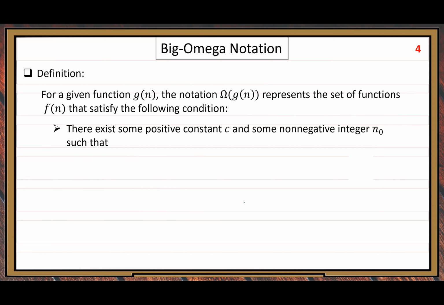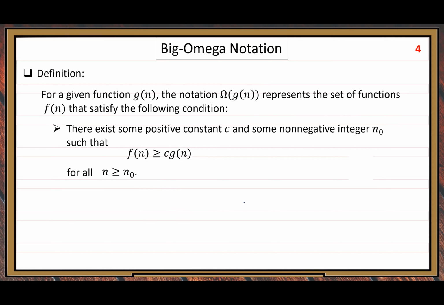There exists some positive constant c and some non-negative integer n0 such that f of n is greater than or equal to c times g of n, a lower bound estimate, for all n greater than or equal to n0.